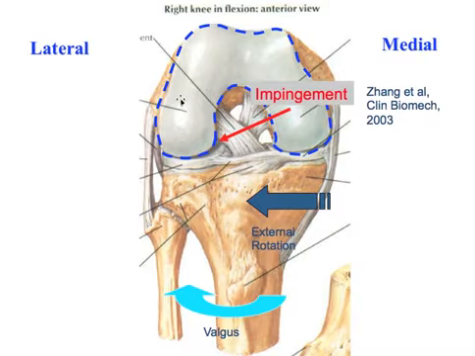What they found is there's a cam effect. As you move the knee into external rotation and valgus, you stretch the ligament over the lateral femoral condyle, and that may be why that particular mechanism ruptures the ACL.